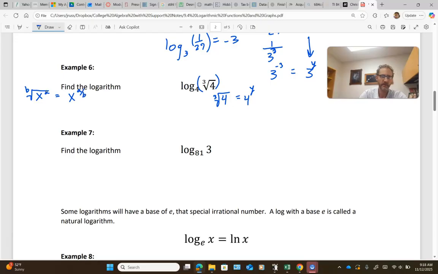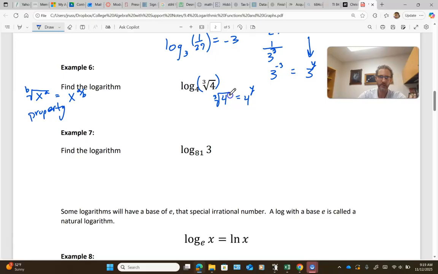So this is the property that you have to use. This property relates radicals to exponential expressions, or vice versa. In other words, it allows us to rewrite a radical using an exponent. And so that's what we can do over here. Okay, you just need to figure out what your a and your b are. B is always going to be the index, and a is just the power of your radicand.